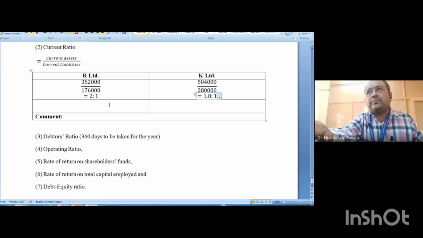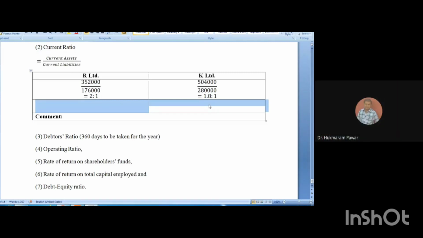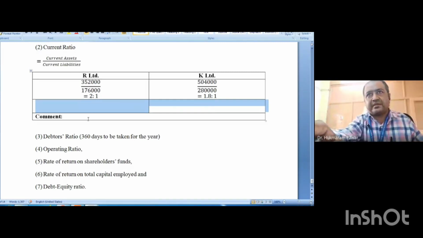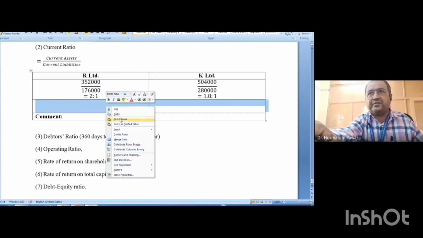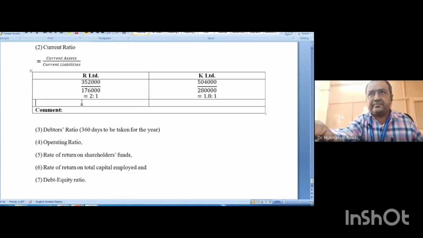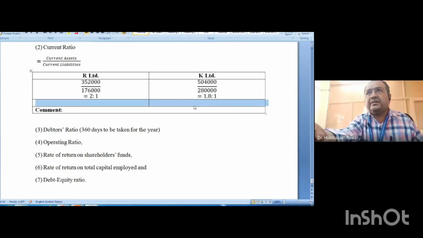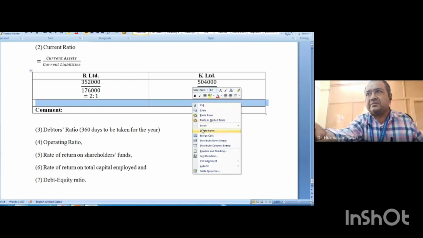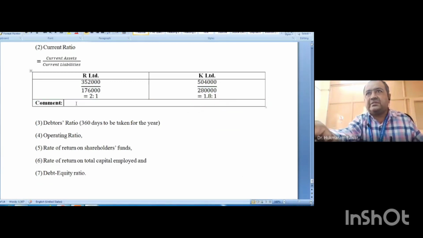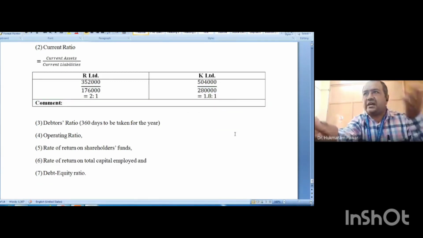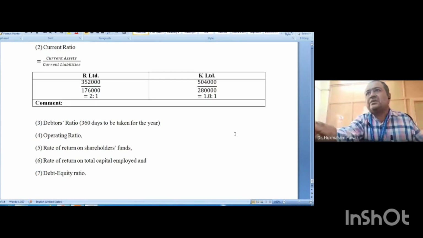So which company has a better liquidity position, R Limited or K Limited? R Limited. R Limited is good because the current ratio is high as compared to K Limited.